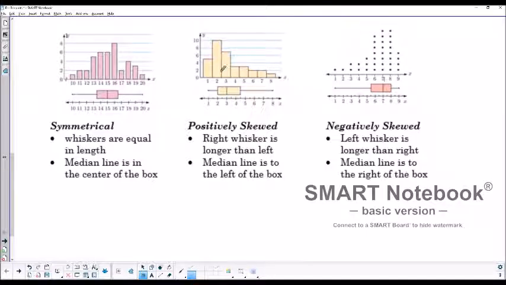In positively skewed data, the majority of the data is to the left, and just a few data points up higher stretch out the mean to the right. If it's negatively skewed or left skewed, the left-hand whisker is longer. The median, the line in the middle, is more to the right in the box, indicating that the majority of the data is over to the right of the distribution.